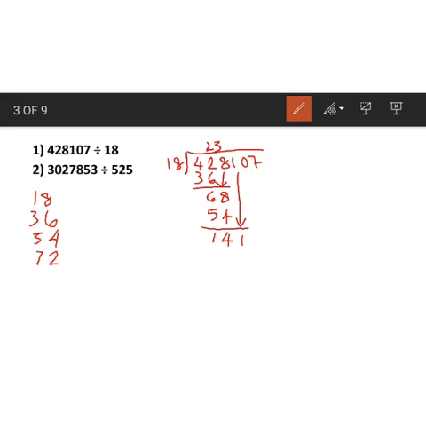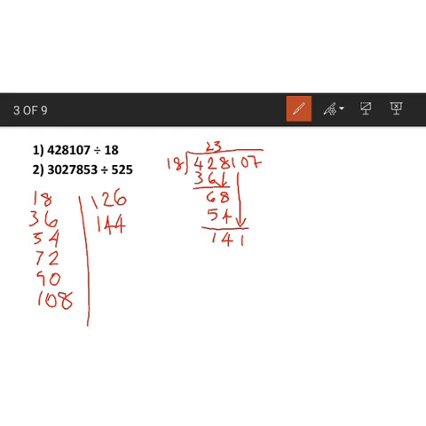Okay. 18 into 5 is 90. So we'll go for another number. 18 into 6 is 108. What about 18 into 7? It is 126. 18 into 8 is 144.